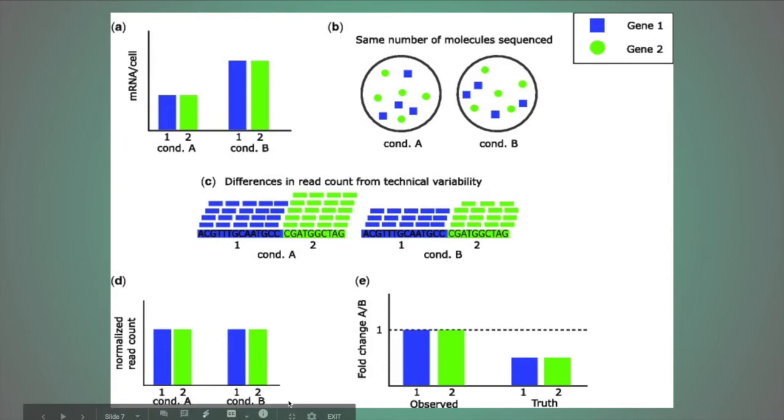But when you look at this from a normalized read count, from a sequencing perspective, it looks like there is no difference. So you can't see a global shift, even though, as you can see in the truth, the global shift really exists. This is a little bit more difficult to fix with normalization protocols, and often can't be done if you don't have controls.